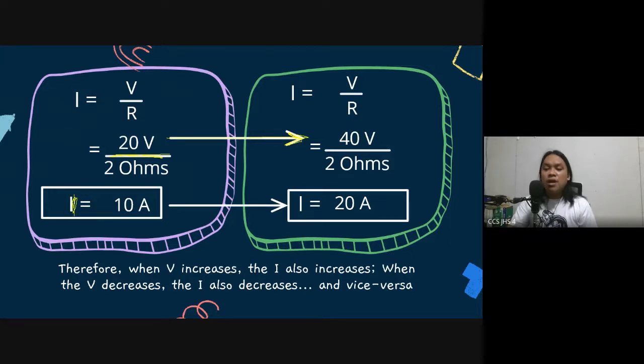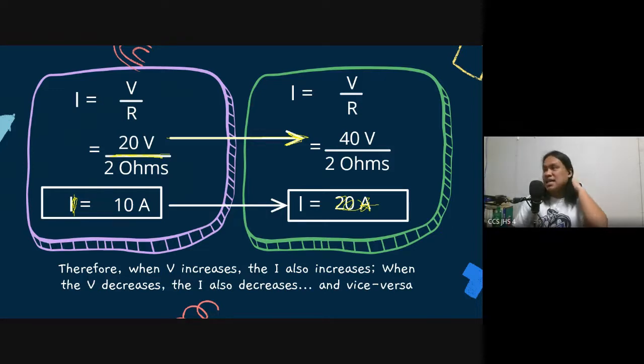In the second problem, it became 20 amperes. So therefore, when V increases, the I also increases. When the V decreases, the I also decreases, and vice versa. So the first statement from Ohm's law is correct. Current and voltage are directly proportional.